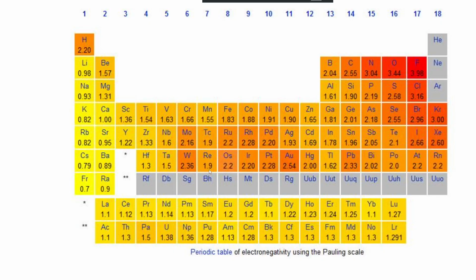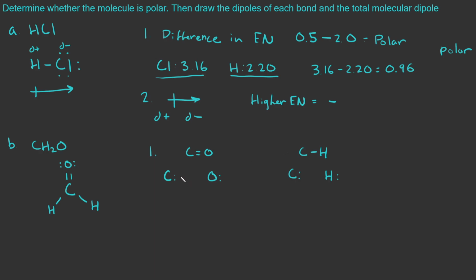So let's look at our values. C is 2.55 and O is 3.44. And then from before, we already know that H is 2.20.